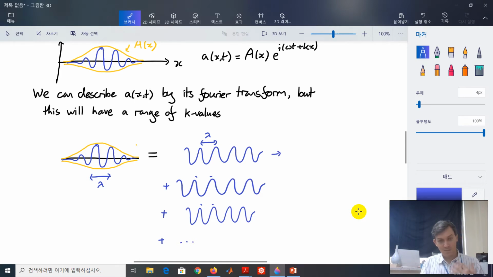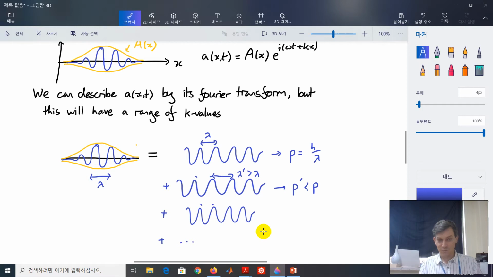But here, each of these plane waves in the Fourier transform will have slightly different momentum. So if this one has a momentum p given by the de Broglie formula, then here, because the wavelength is bigger, that will mean that the momentum is less.